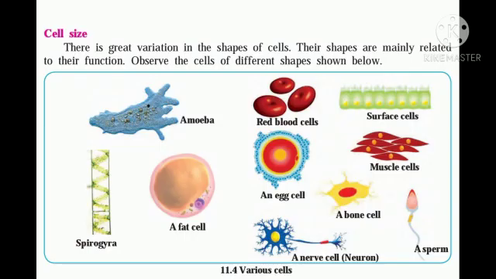Now we will see cell size. There is great variation in the shapes of cells. The shapes are mainly related to their function. As you see in this picture, cells have many different shapes, for example spherical, rod shaped, spiral, oval, rectangular, etc. Each cell contains various components for carrying out the life processes of the living organism.